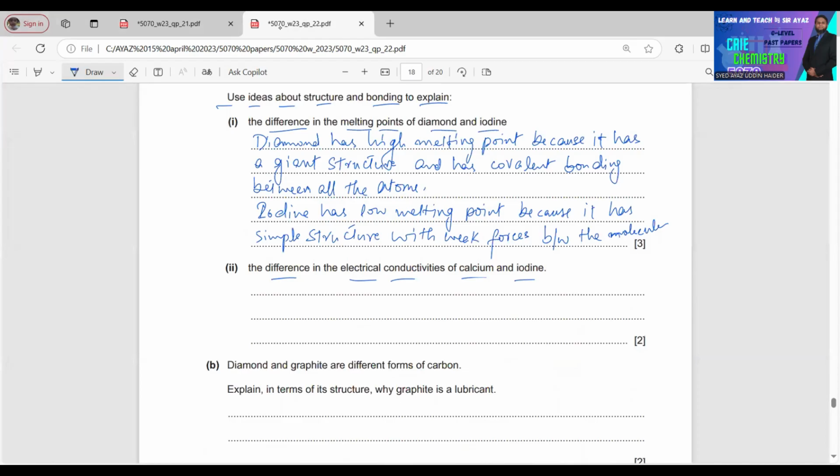So calcium has mobile electrons, while iodine has no mobile electrons.